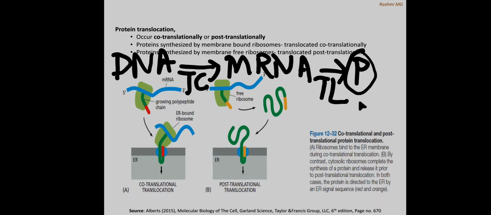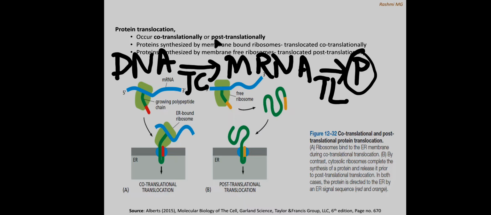Post-translationally means the mRNA has already been translated to protein. We have a ready protein here. Once the translation is complete, after that the protein is translocated, and that is known as post-translational translocation. If mRNA is still translating the protein and that protein is continuously translocated, that is known as co-translational translocation.